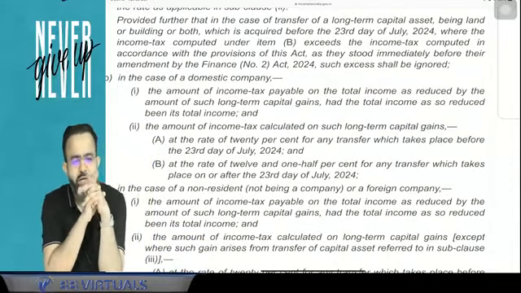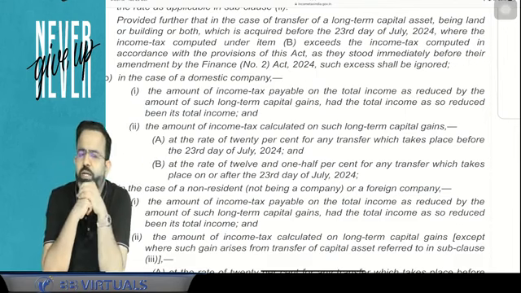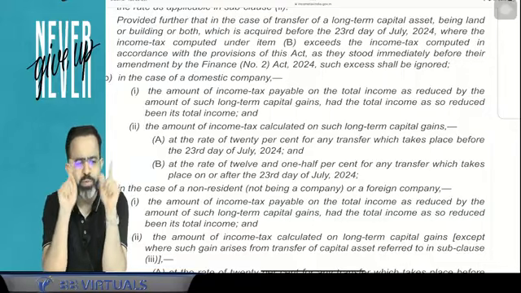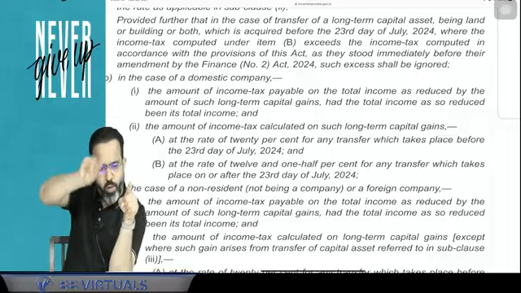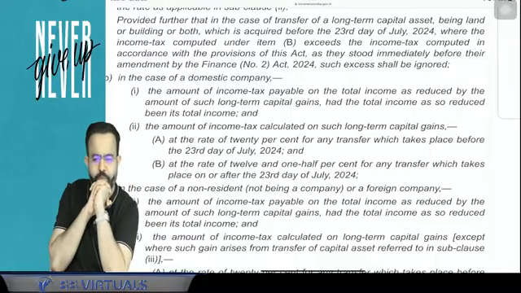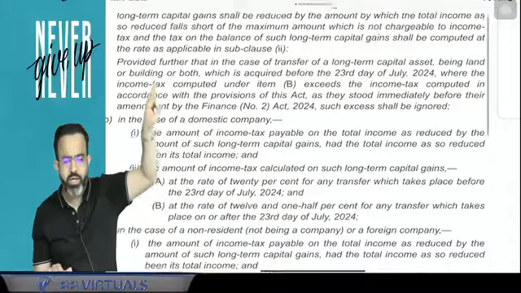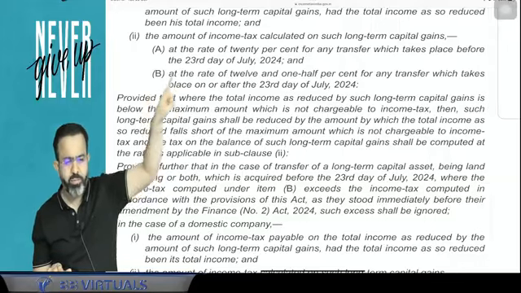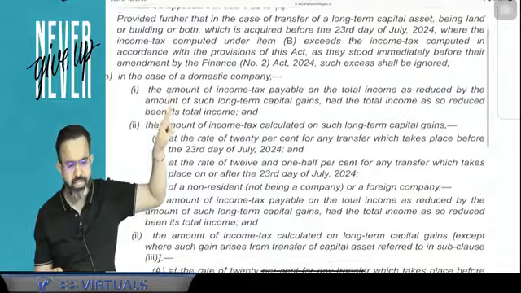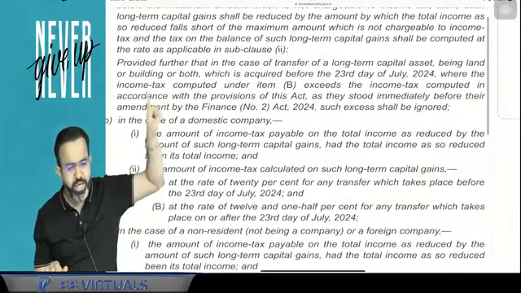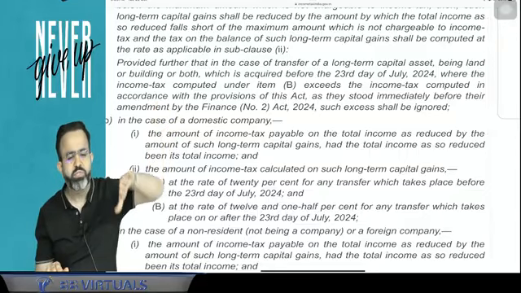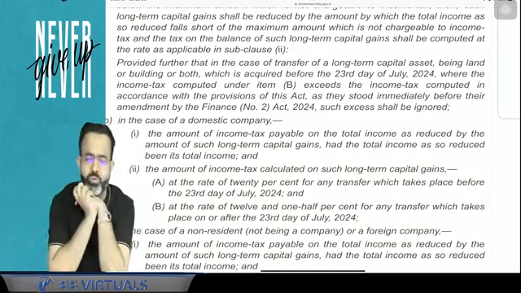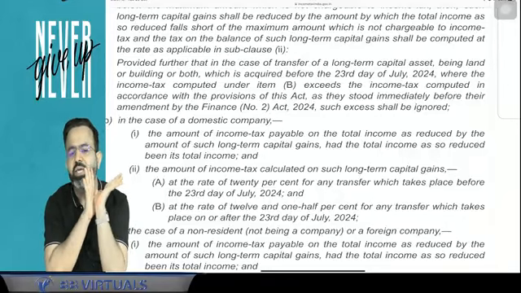What this proviso says: provided further that in case of transfer of long-term capital asset, being land, building or both, if there is an immovable property which is acquired before 23rd of July 2024, and where the income tax computed under item B, that is without indexation at 12.5%, exceeds the income tax computed in accordance with the provisions of this Act as they stood immediately before the amendment by Finance Act 2024, such excess shall be ignored.